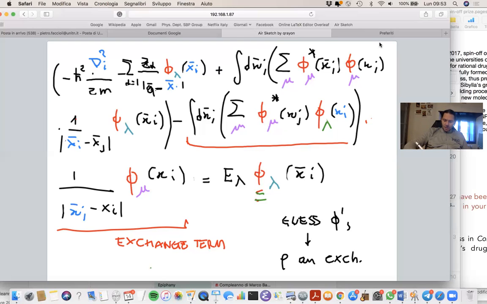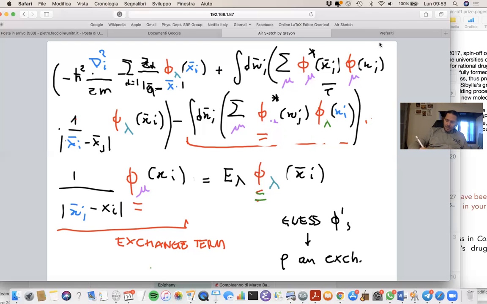This is the exchange term, this is rho. In this case, you compute the entire system, because you put one of the guess wave functions here, and the other one you put here. But still, you get an equation for phi lambda, you see? So you actually solve for phi lambda.